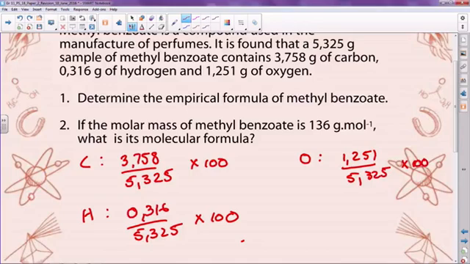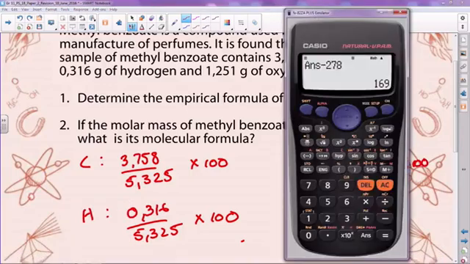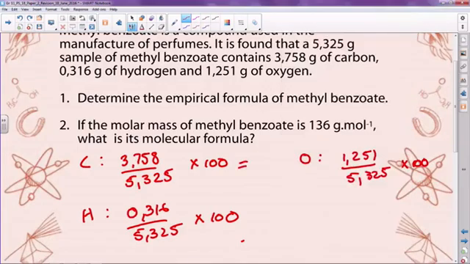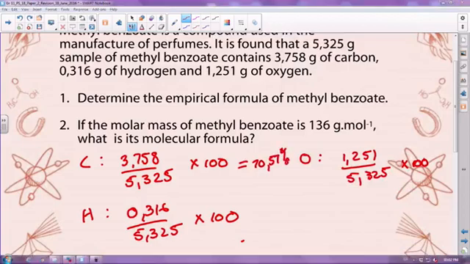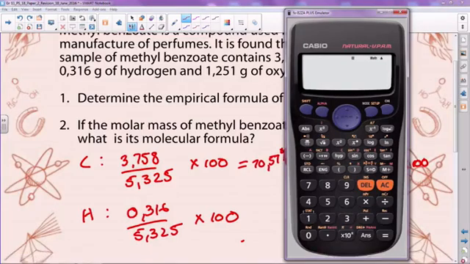So let's check quickly on our calculator. 3.758 divided by 5.325, multiplied by 100, and our answer is going to be 70.57%.